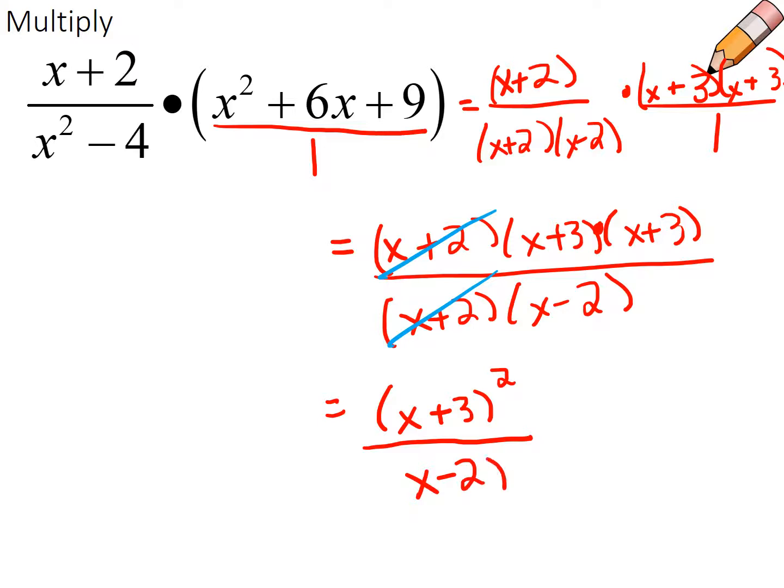So we're just going to use an exponent to keep it nice and clean for our most simplified answer. So x plus 3 squared all over x minus 2, and that is my final answer. So when you have things that are multiplying and they're the same, use those exponent properties so that we have a nice and neat, clean answer so it's not so long.